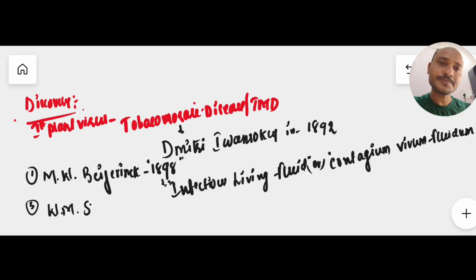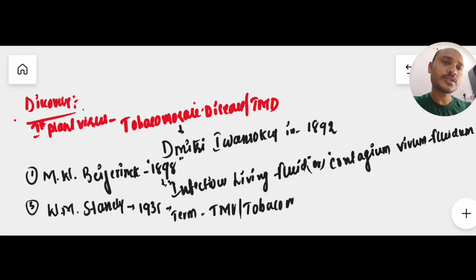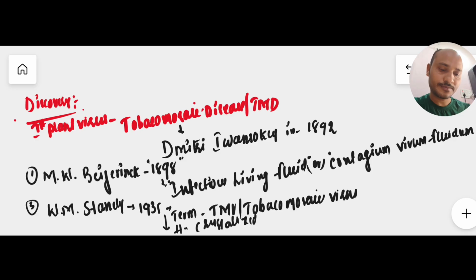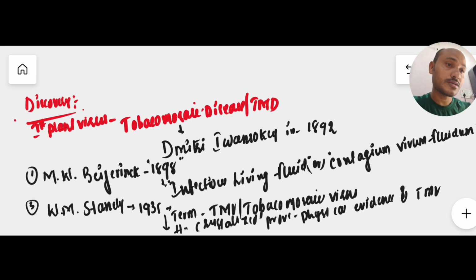Later, one more scientist, W.M. Stanley, in 1935, gave the term TMV, meaning tobacco mosaic virus, for this infectious living fluid. Not only did he give the term, he also crystallized it and proved the physical evidence of tobacco mosaic virus by the X-ray crystallography method.